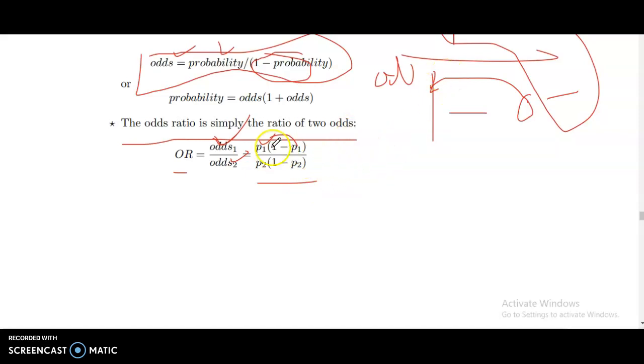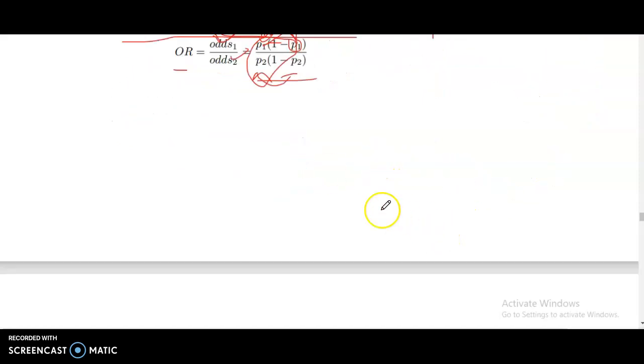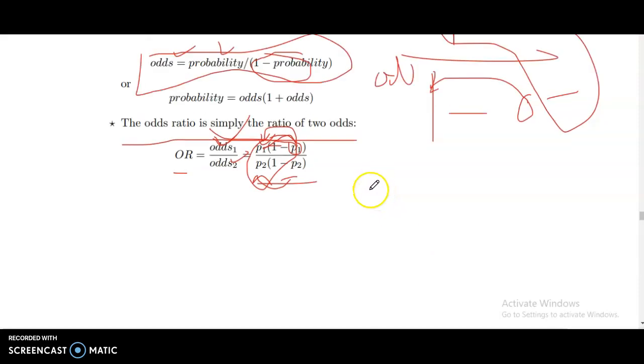We subtract P1 from 1, then divide P1 by that. Likewise for P2, we subtract P2 from 1 and divide P2 by that. So the odds ratio is odds of S1 divided by odds of S2.